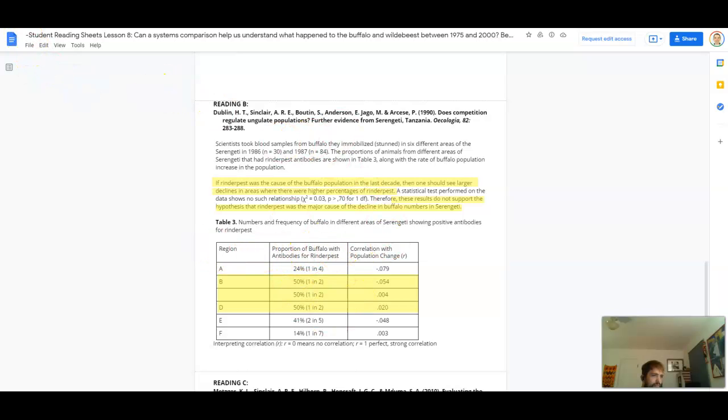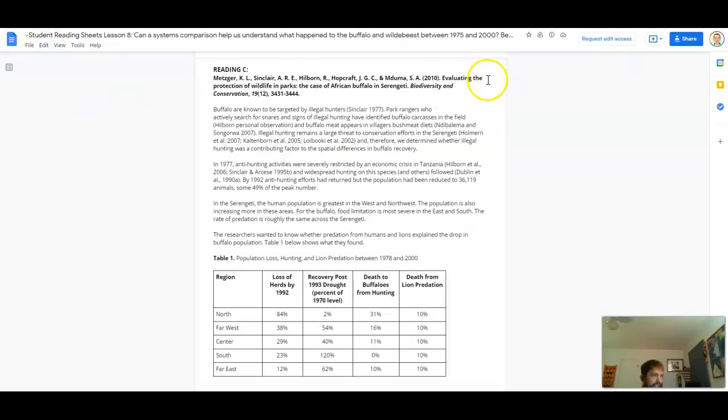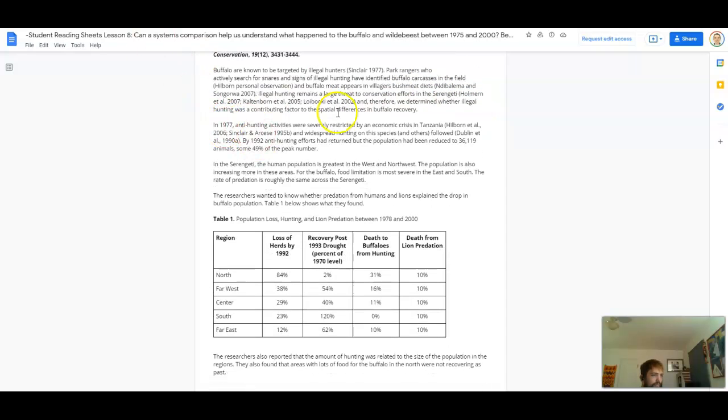Finally, we have reading C, evaluating the protection of wildlife in parks, the case of the African buffalo in Serengeti. Buffaloes are known to be targeted by illegal hunters. Park rangers who actively search for snares and signs of illegal hunting have identified buffalo carcasses in the field, and buffalo meat appears in villagers' bushmeat diets.